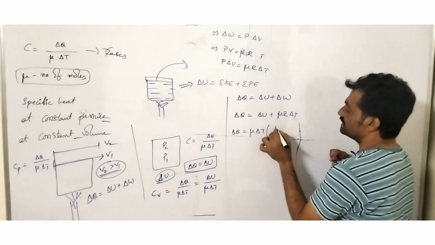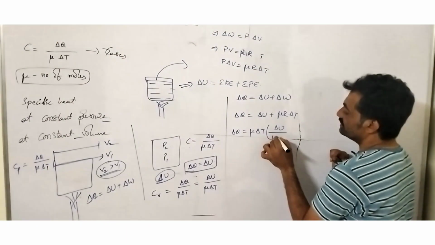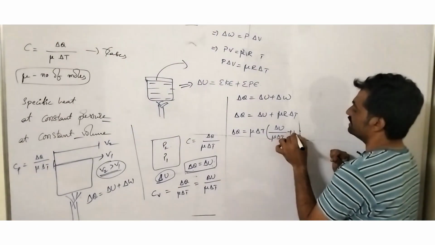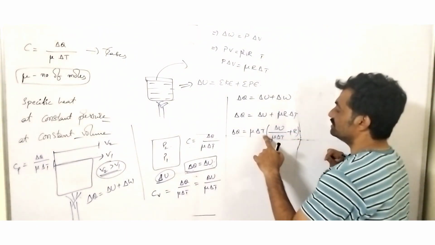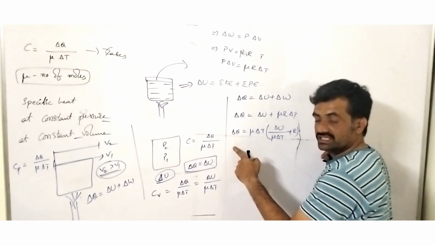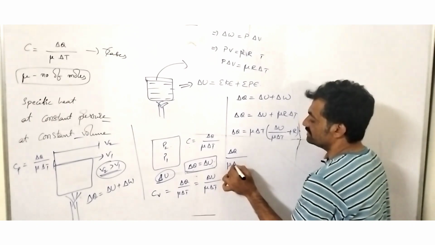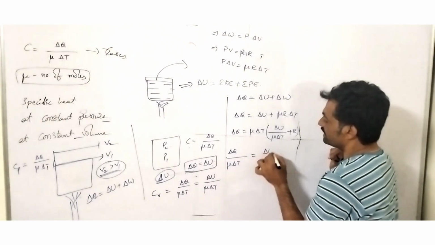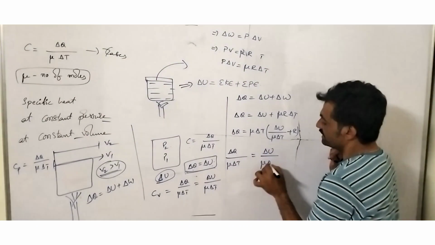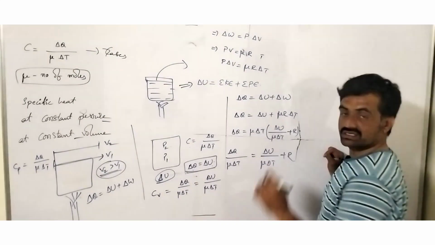Bringing this mu into delta T to this side, we can represent delta Q by mu into delta T equals delta U by mu into delta T plus R.